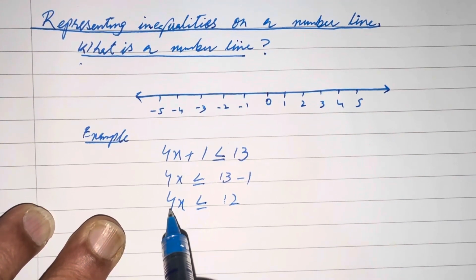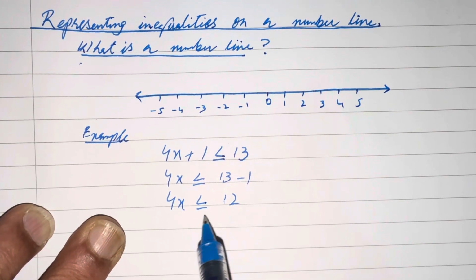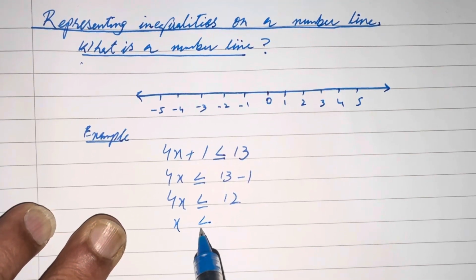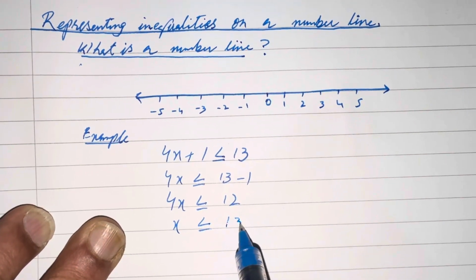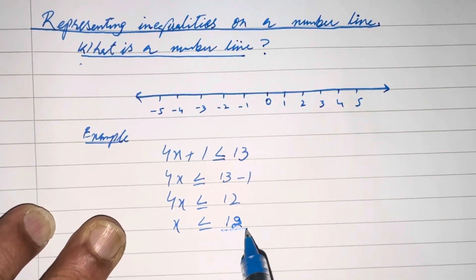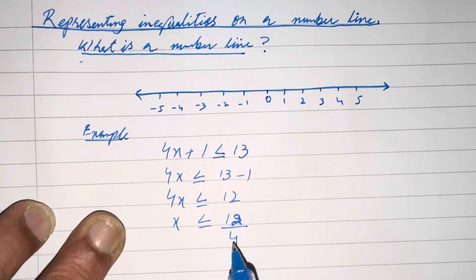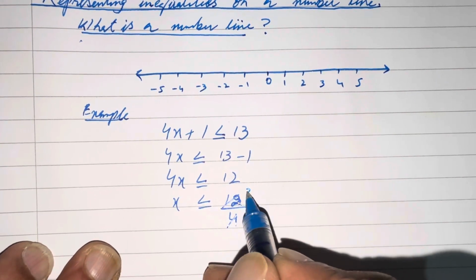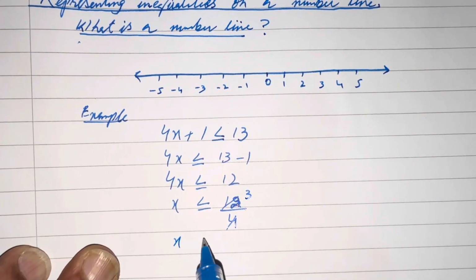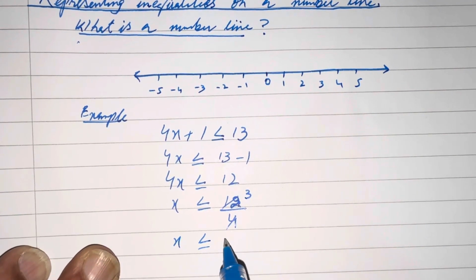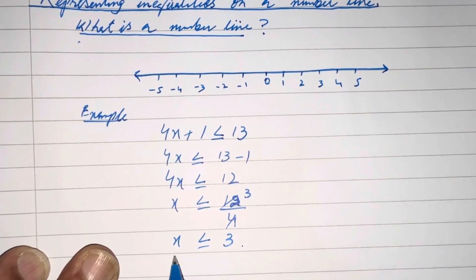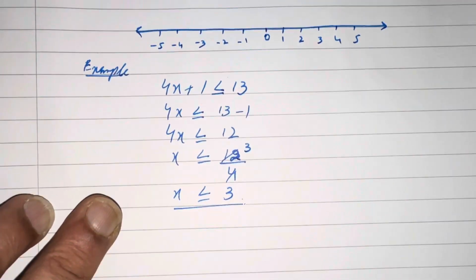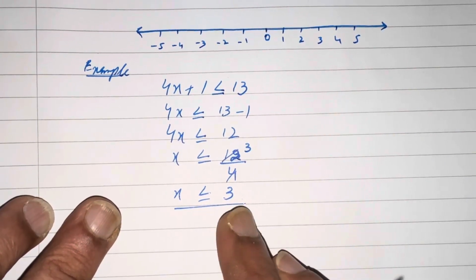Then take this 4 from the left hand side to the right hand side. This 4 is multiplying x, and when you take it to the other side, it will be in the denominator. So 12 divided by 4, 4 threes are 12. So x becomes less than or equal to 3. That's the solution set of the linear inequality: x is less than or equal to 3.